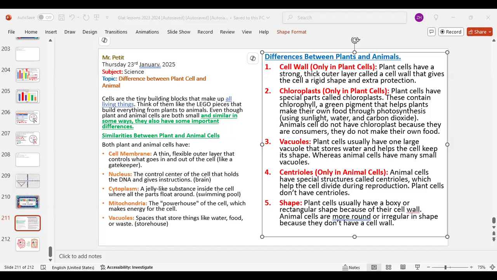Wyatt, are you done with the notes? No, sir. Which part are you on? I am on nucleus because I just came on not too long ago. Okay. Me and Kylie finished. You finished with the notes?